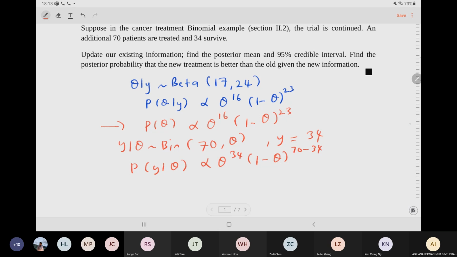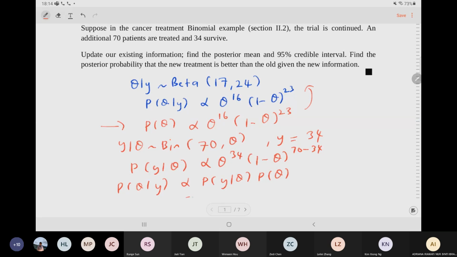Then the new posterior, theta given Y, is your likelihood, your joint PDF, times your prior. Now your prior is the new prior, which is from your old posterior.